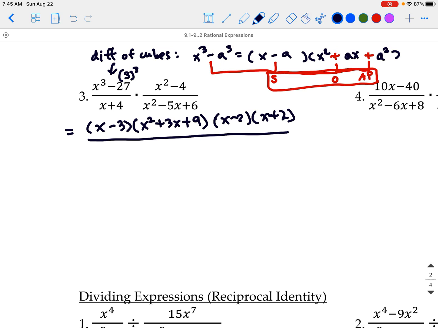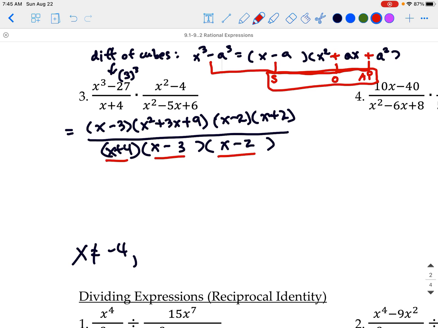And all of that is going to be over x plus 4 times our quadratic here, which we can factor as x minus 3 and x minus 2. Again, we'll note our undefined values. So our undefined values are going to be negative 4, 3, and 2.